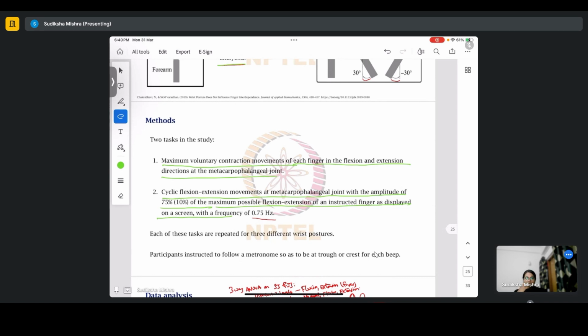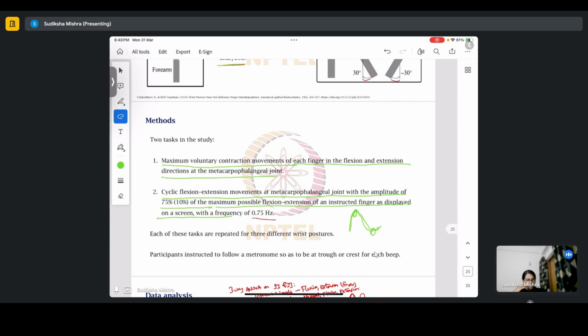The participants followed a metronome, so essentially at a draw or at a crest they would perform the task.